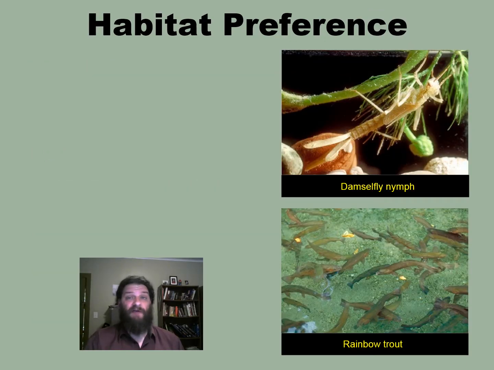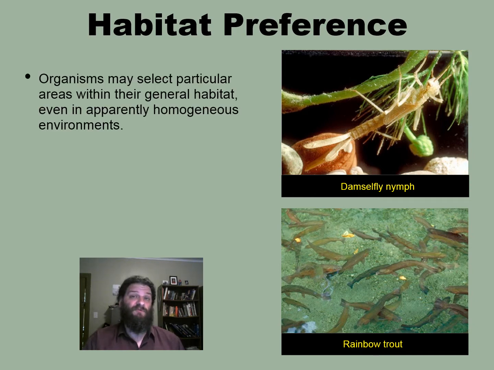Some organisms will have a wide range of habitats that they'll exploit. Other organisms will have a very narrow range of environmental preferences where they really want to be. And it might even look like the same type of environment to us.